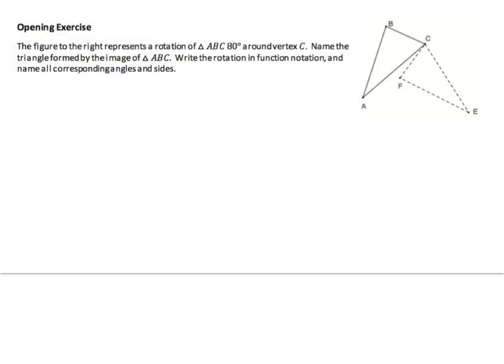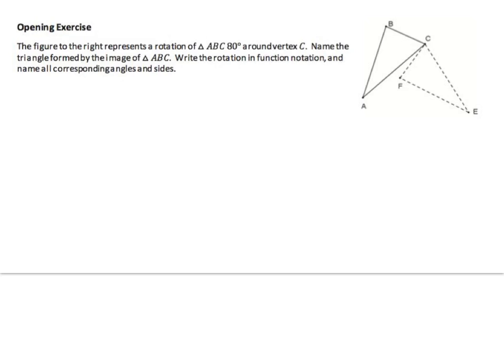The figure to the right represents a rotation of triangle ABC 80 degrees around vertex C. Name the triangle formed by the image of ABC, write the rotation in function notation, and name all corresponding angles and sides.